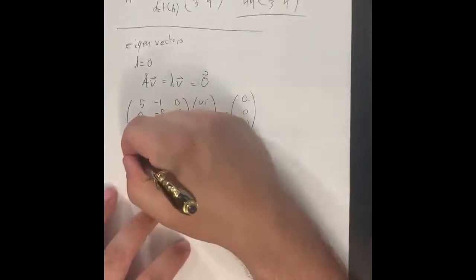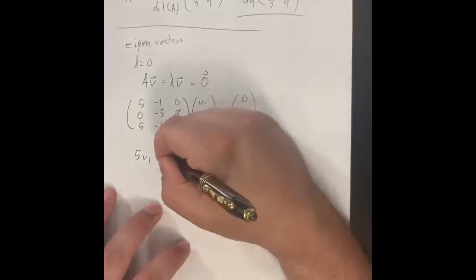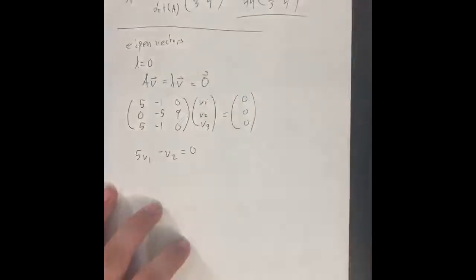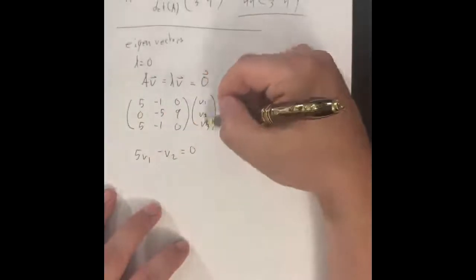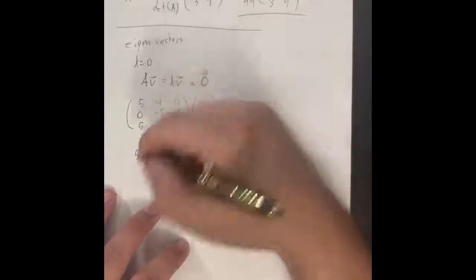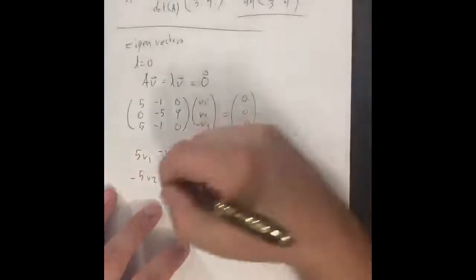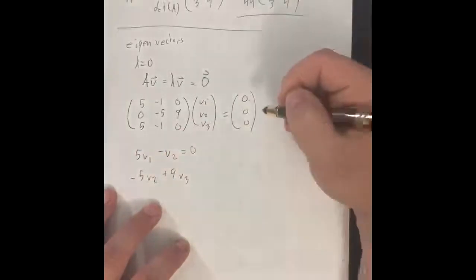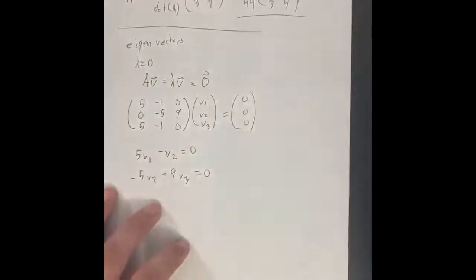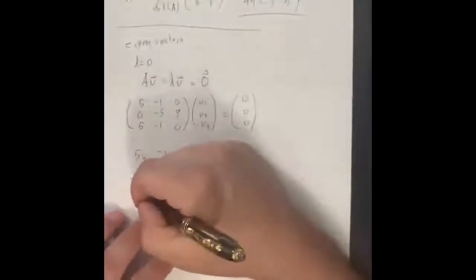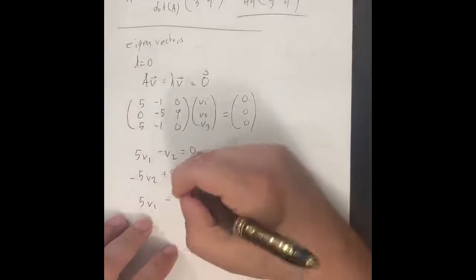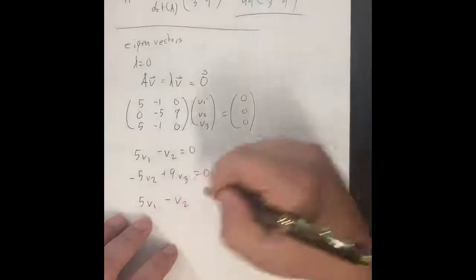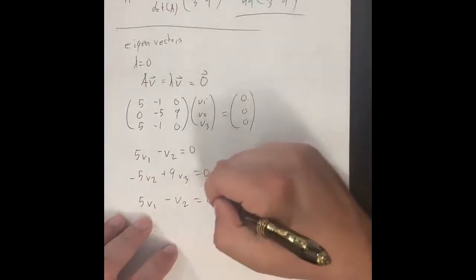The second equation is the second row times the column: 0v1 minus 5v2 plus 9v3 equals 0. And then the last one says 5v1 minus v2 equals 0.